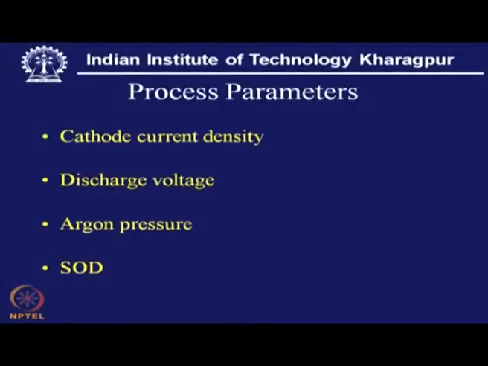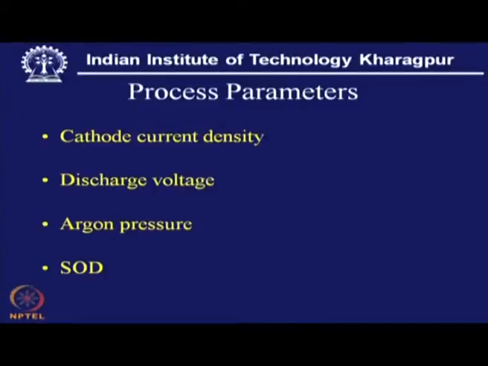Now, process parameters. One would like to understand and know, and that will be the immediate interest centered around these values: cathode current density, discharge voltage, argon pressure and standoff distance.